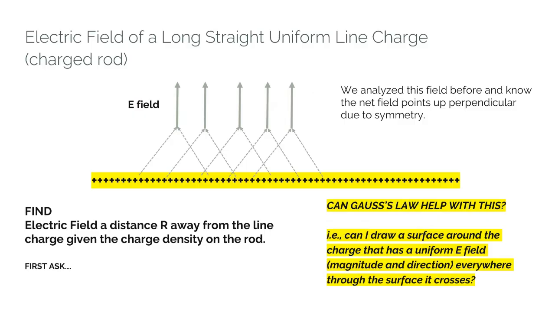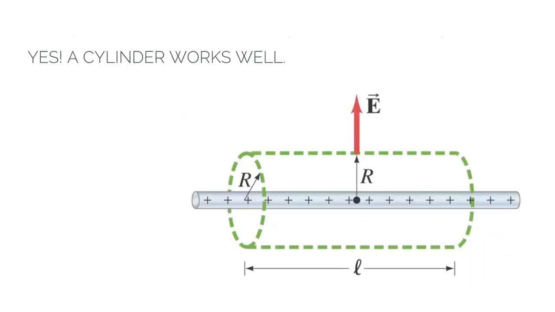All right. The answer is yes. The cylinder I've drawn here in green is going to give me the perfect symmetry for this rod. The E field is pointing perpendicularly up from the rod. And along the circular faces of the cylinder, the E field is going to be parallel to that face of the circle.